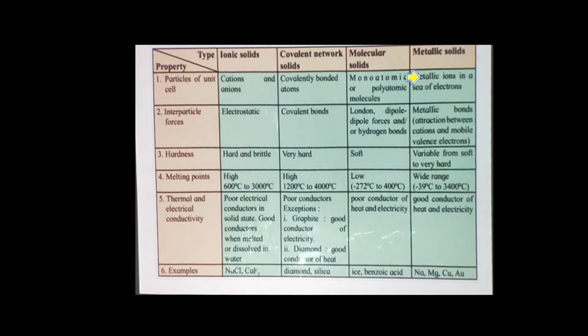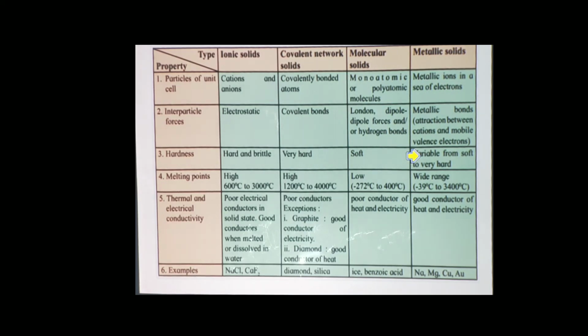The attractive force between these cations and mobile valence electrons is the interparticle force which exists there. Hardness of metallic solid is variable. In some metallic solids hardness is soft, and in some it is very hard.